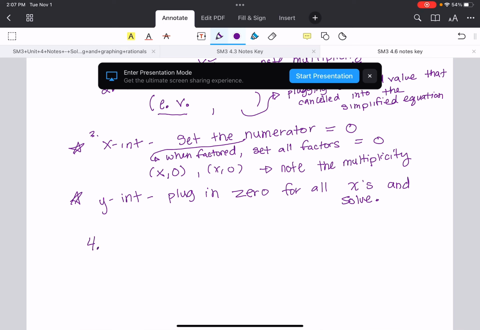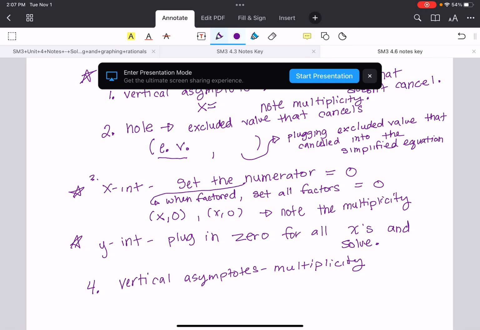Okay, so once you've found all of these, the vertical asymptotes, multiplicity. The number doesn't matter. It's just a list.